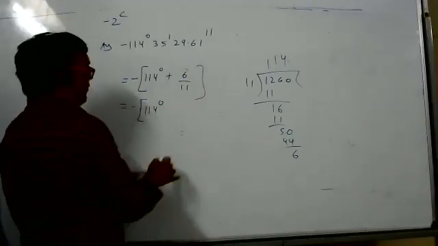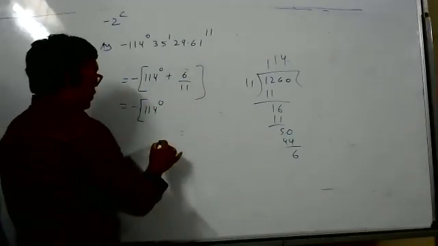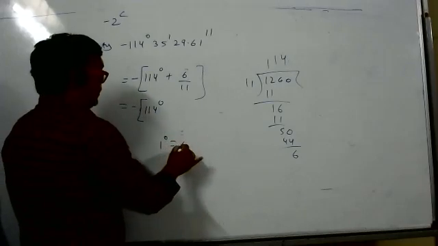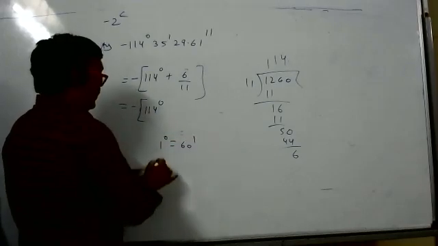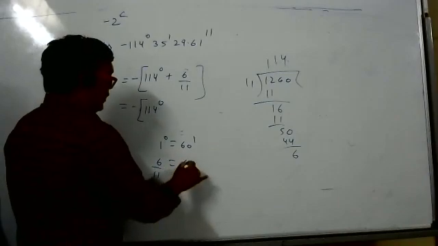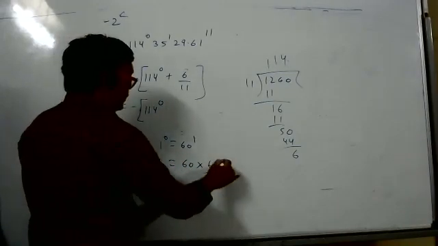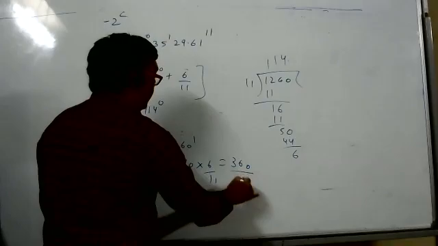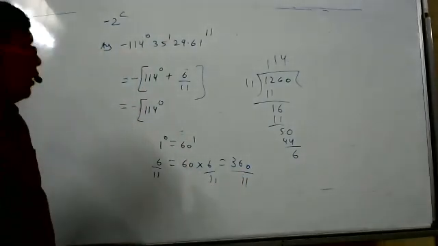So 114. Now 6 by 11 we have to convert. 1 degree is equal to 60 minutes. So 6 by 11 is equal to 60 into 6 by 11, so 360 by 11. Divide 360 by 11. How much? 32 and 8 by 11.